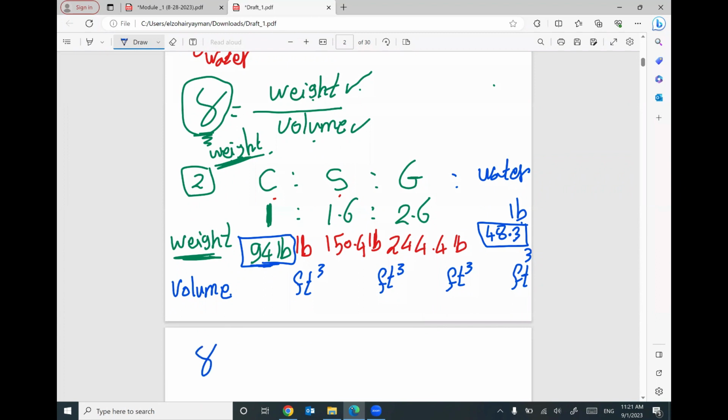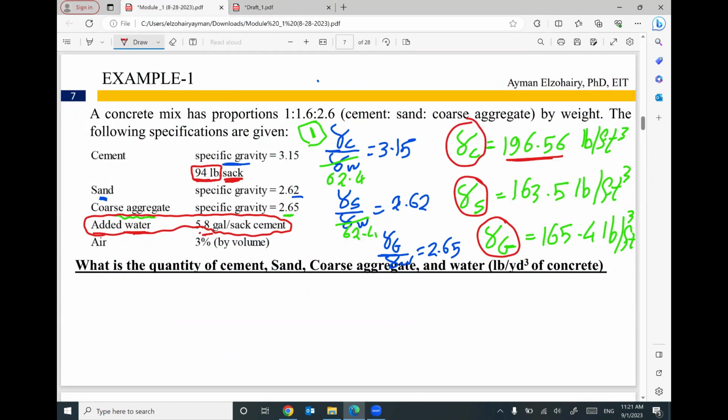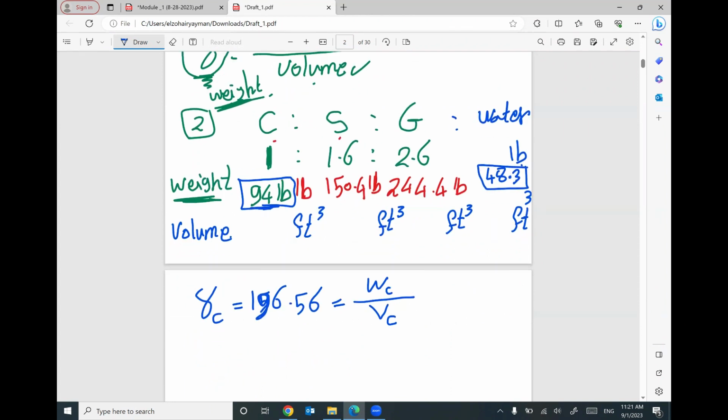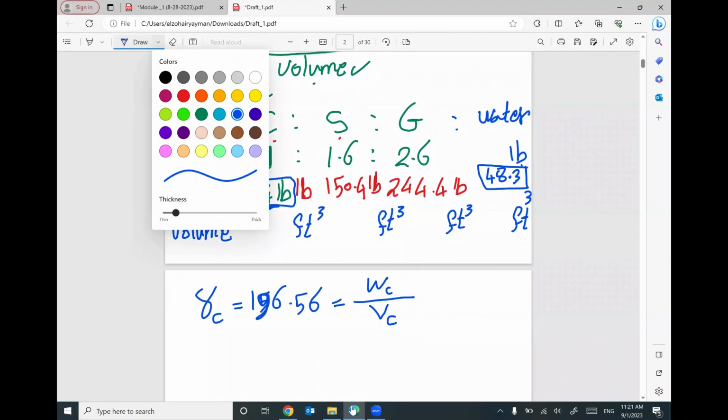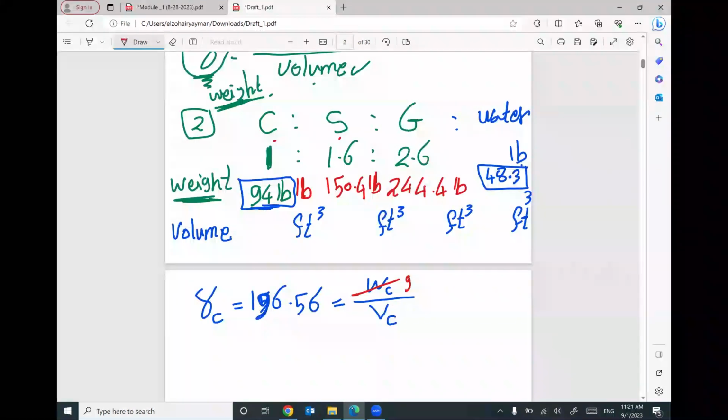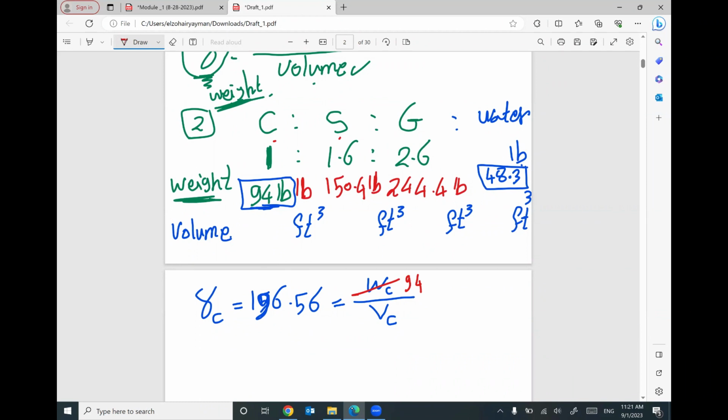Gamma of cement equals weight of cement divided by volume of cement. Based on this ratio, the weight of cement is 94. This 94 will give you how much volume?